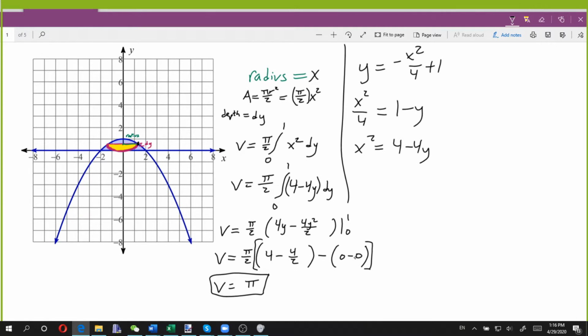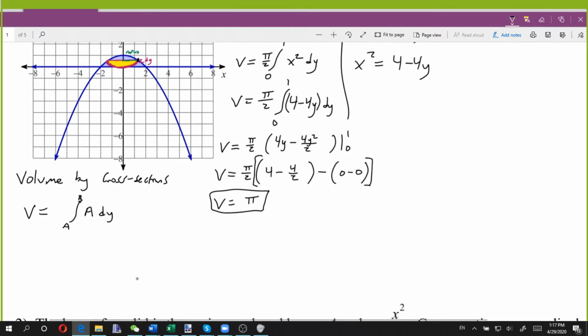No. Okay, the formula for volume by cross sections is that our volume is always equal to the integral from a to b of our area times our depth. So that's going to be dy if we're building cross sections perpendicular to the y-axis.